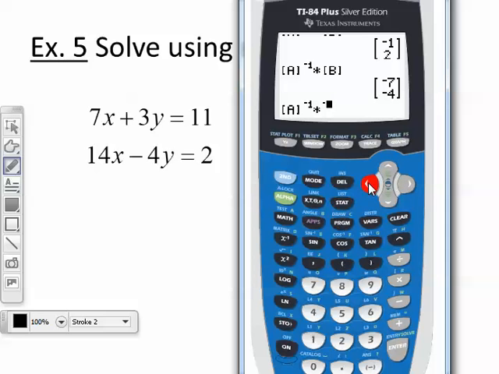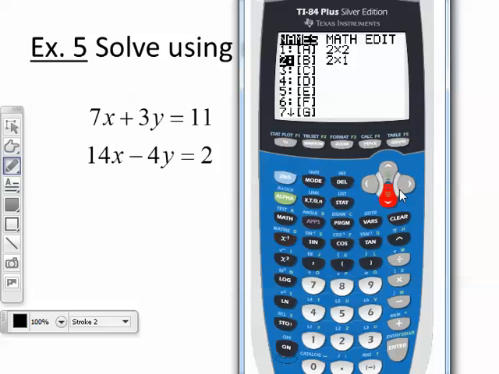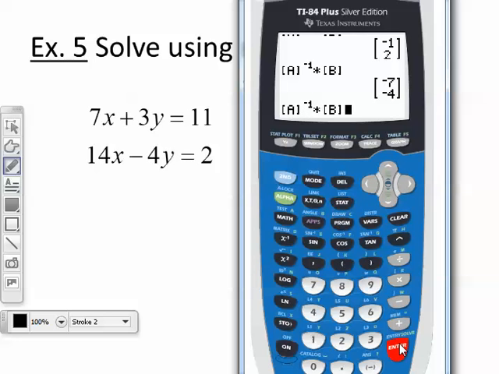Back up. Wasn't supposed to do that. Delete, delete, delete. Yep, there you go. Second matrix. Go down to B. Hit enter. I've got A inverse times B, and I hit enter, and my answer is, oh my goodness, that's an ugly number.